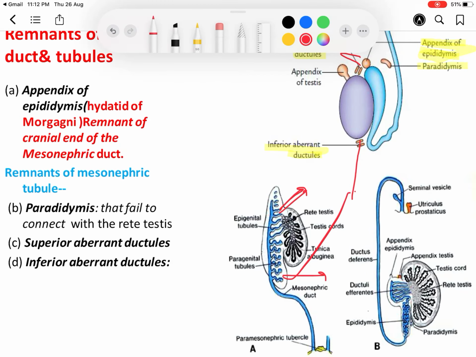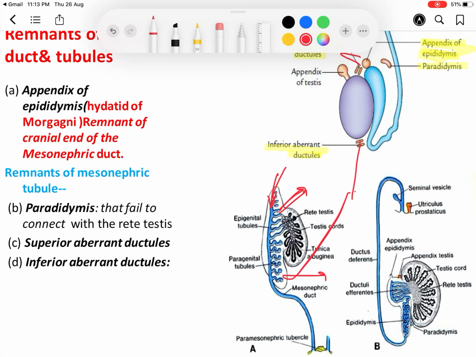The cranial part of the mesonephric duct will form the appendix of epididymis, also called the hydatid of Morgagni, and this is the remnant of the cranial end of the mesonephric duct. This is a very common question which is asked in pre-PG MCQs.